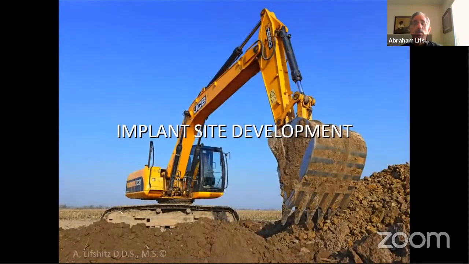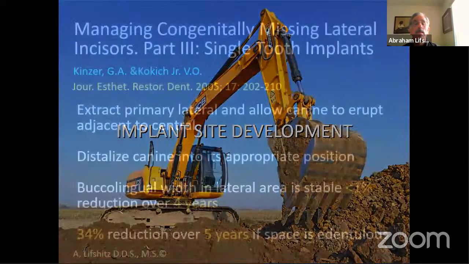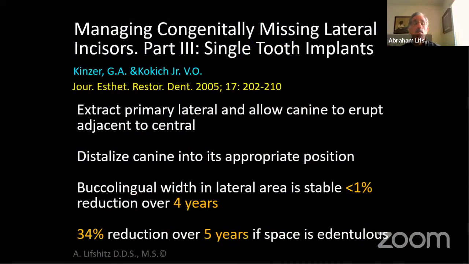So what about implant site development? We can extract the primary lateral and allow the canine to erupt adjacent to the central. Then distalize the canine into its appropriate position.